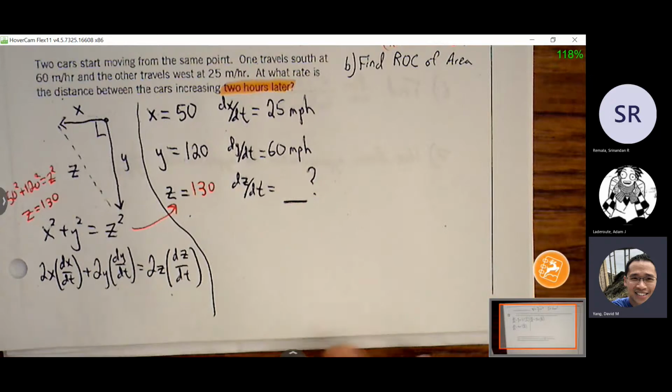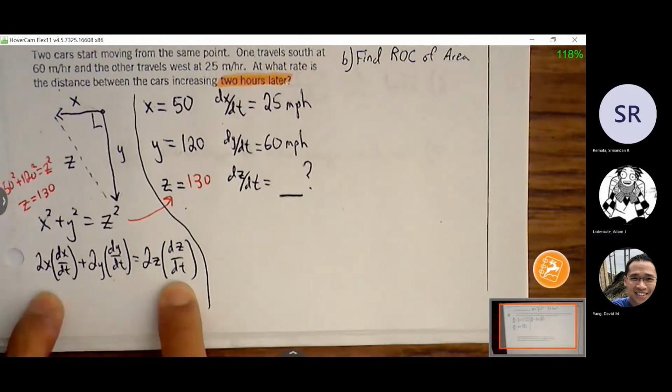And now for the rest, we can just use our equation, right?